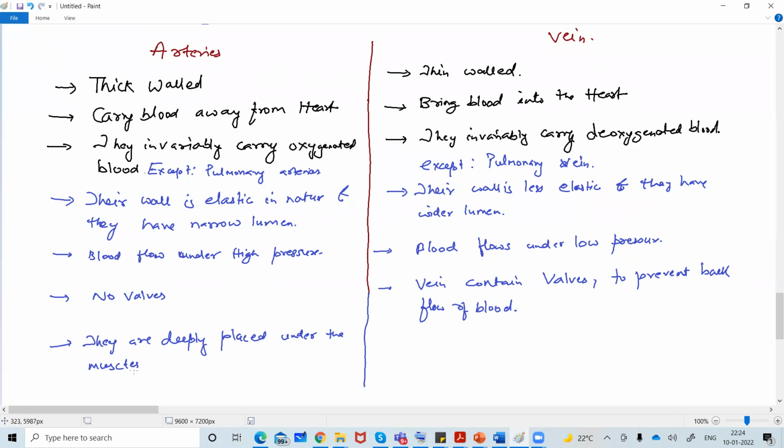There are some areas where arteries are not that deep, for example the neck region, ankle, temple, and wrists. These are the places where arteries are not deeply present. Veins are superficially present. You can easily find a vein.